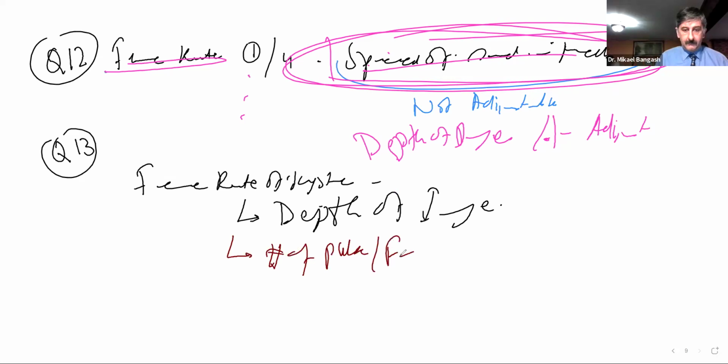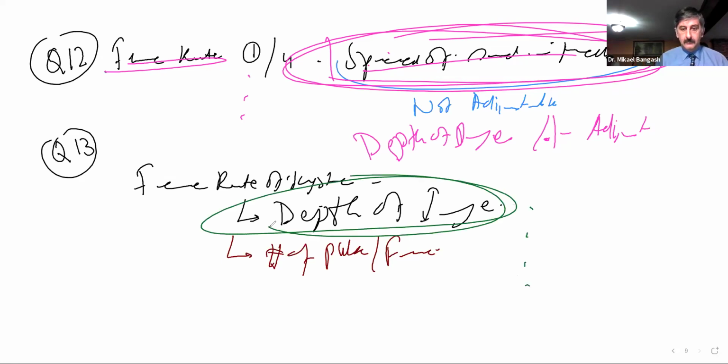Number of pulses per frame. Clear, okay. And out of these two, which one do we have in the four options? Depth of image. Clear, okay. Or depth of view.